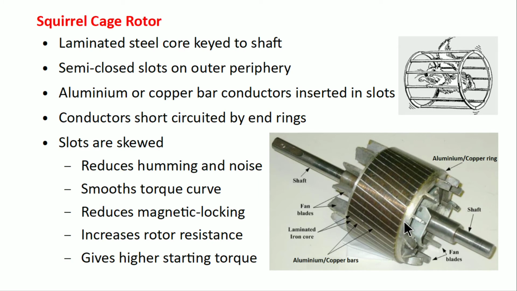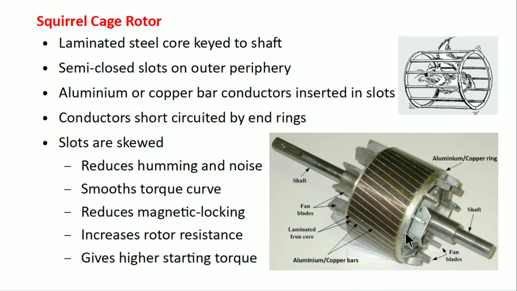In the slots, these are the semi-closed type slots, conductors are inserted. In each slot there is a conductor. That conductor is a solid bar, not a wire of small size. The bar size is almost equal to the size of the slot. The bar conductors inserted in the rotor slots form the rotor winding, and those bars are short circuited at both ends by end rings.